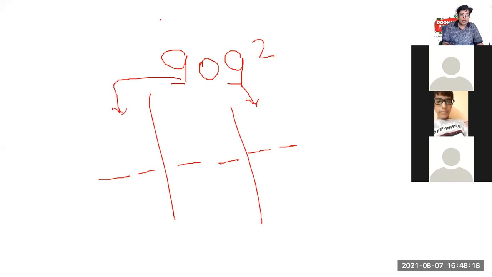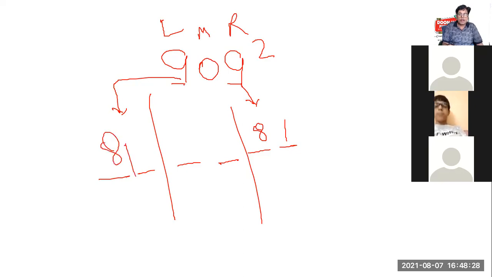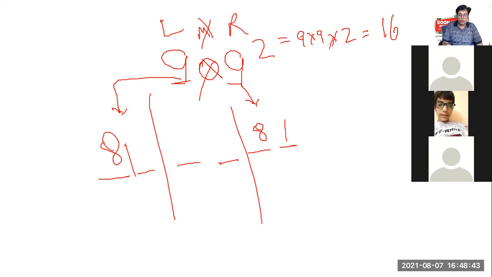Here the left hand side is square, here the right hand side is square, and this is the middle digit. 9 square is 81. I will leave 0, and the middle digit I will leave. What will it be? 9 into 9 into 2, that is 162.